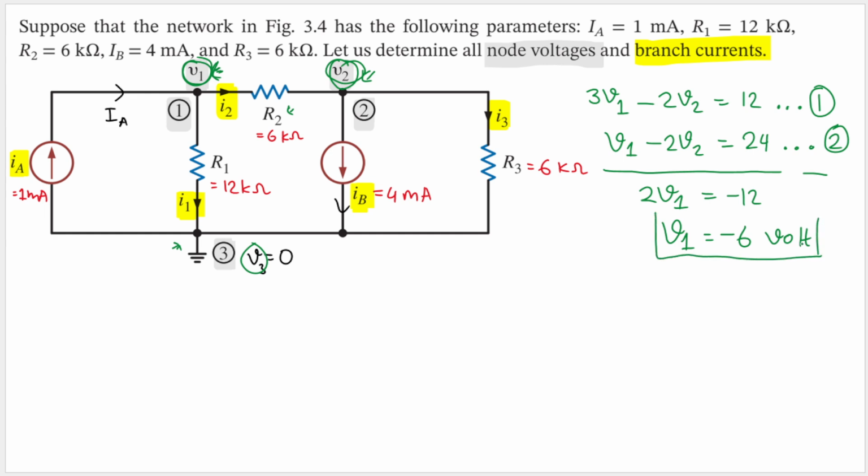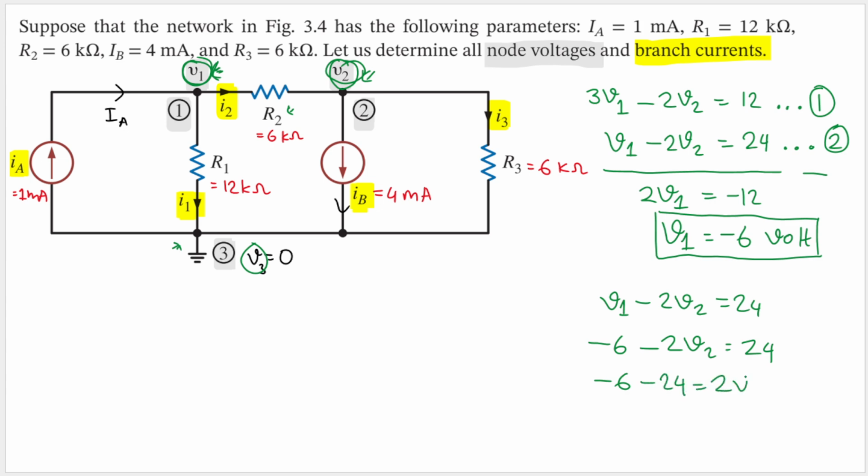Okay, that is good. But then we can calculate V2 from here, right? Let's substitute this into equation 2. So we have V1 minus 2V2 is equal to 24, and we know that V1 is minus 6. So minus 6 minus 2V2 is equal to 24. Let's move this to the left hand side: minus 6 minus 24 is equal to 2V2.